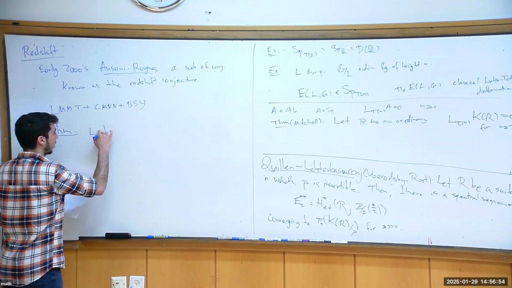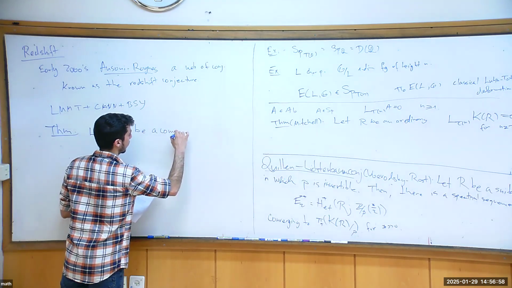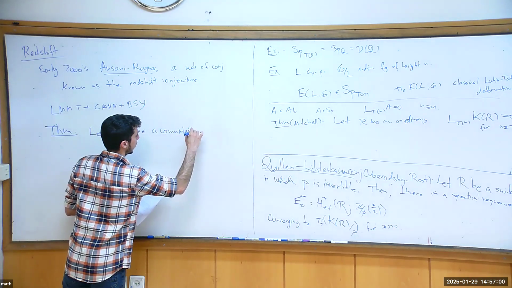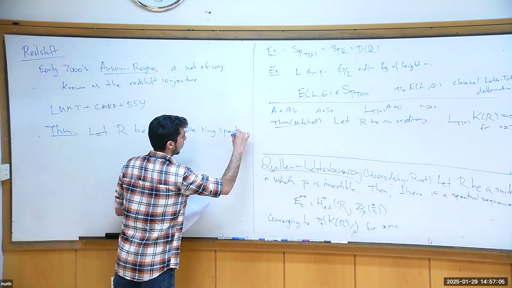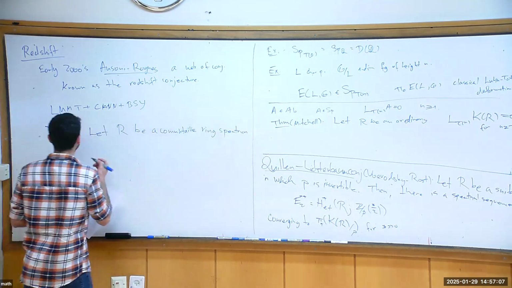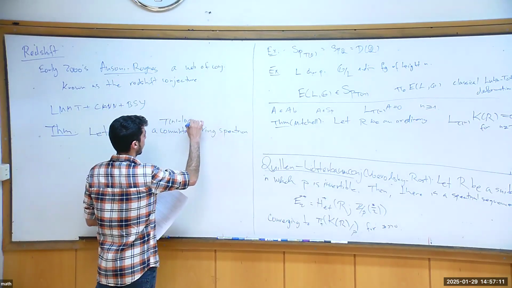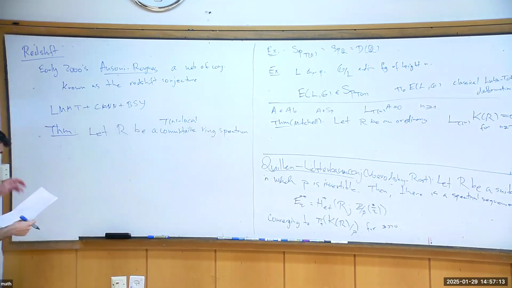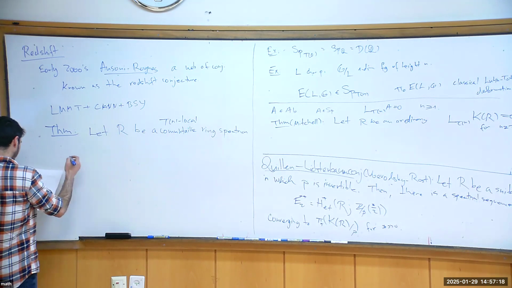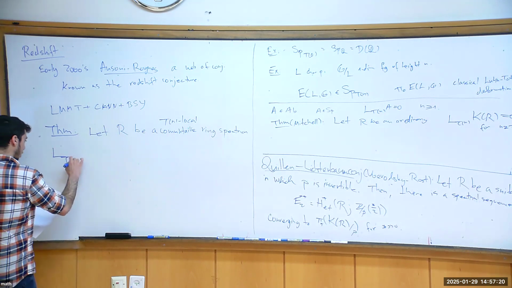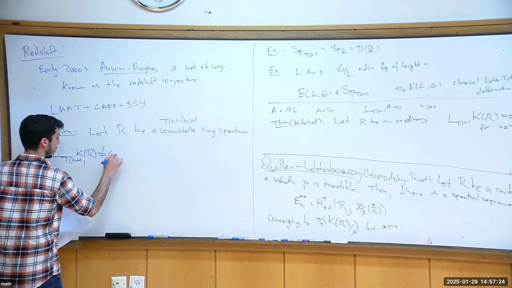So let R be a commutative ring spectrum, which is Tn local, and non-zero, then the Tn+1 localization of K of R is non-zero.